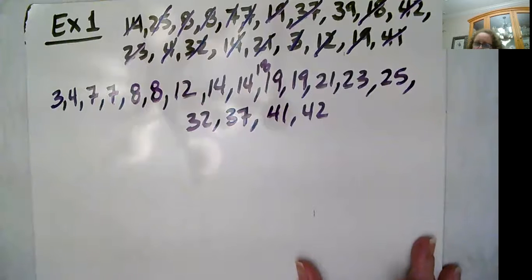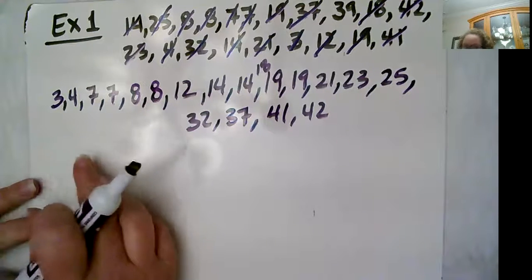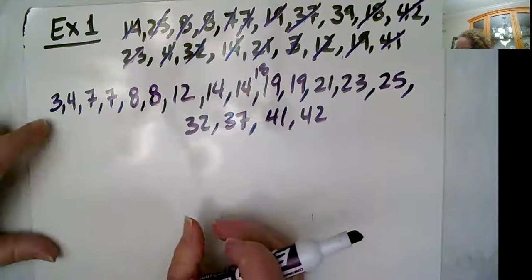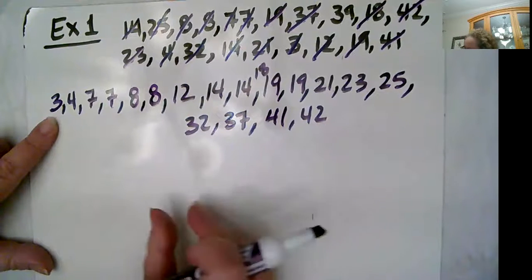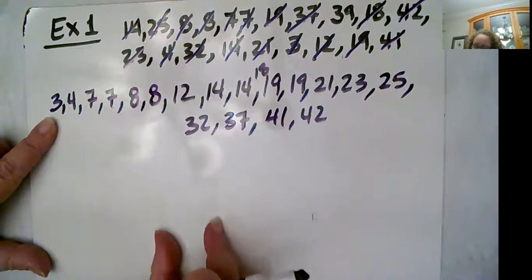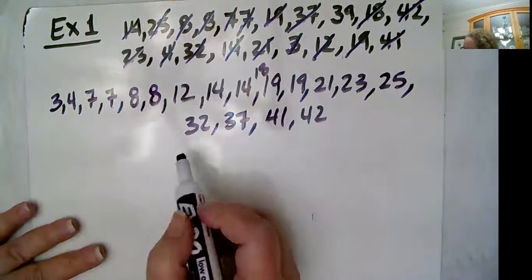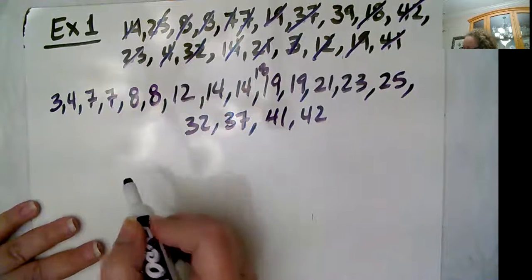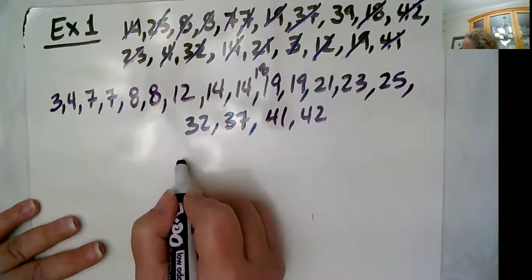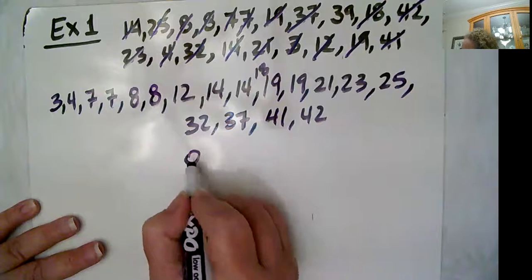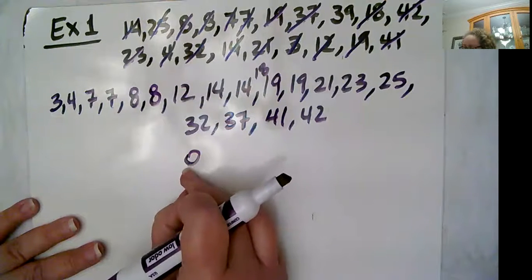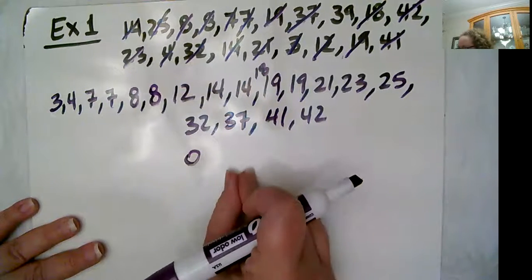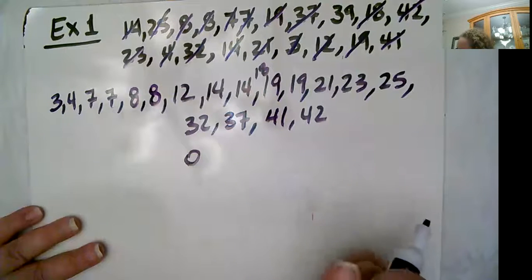So when you make a stem and leaf plot, you have to look at your numbers. Our numbers are from single digits up to 40, so you have to decide what your stem part is going to be. Since we have single and double digits, we're going to start off with 0, which means anything that is a single digit, like 0, 1, 0, 2, 0, 3.